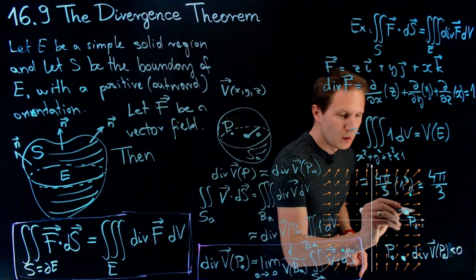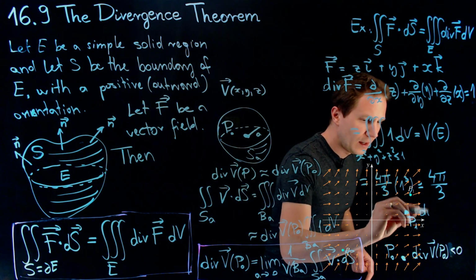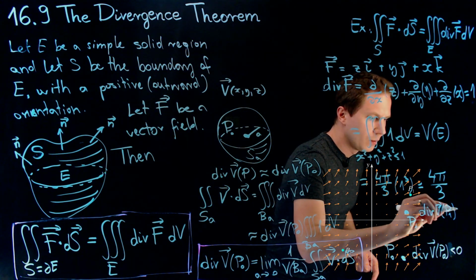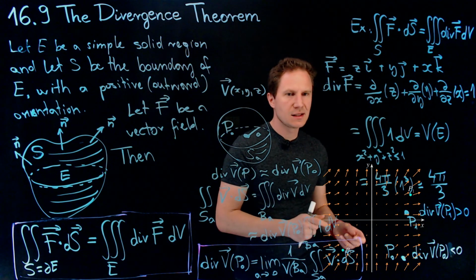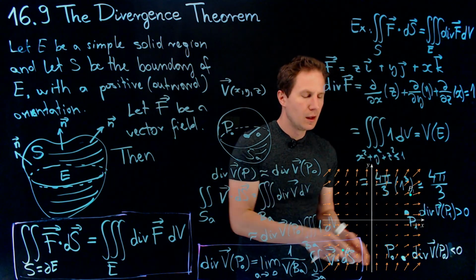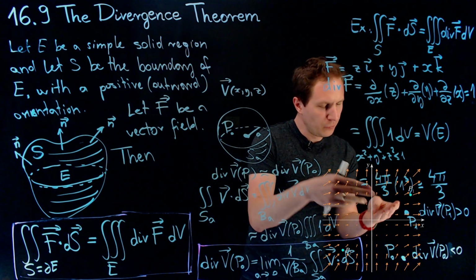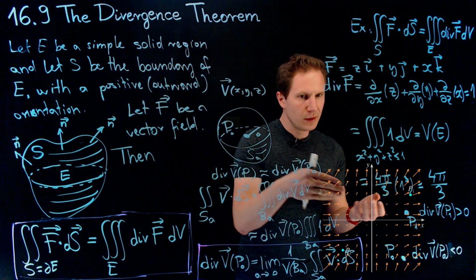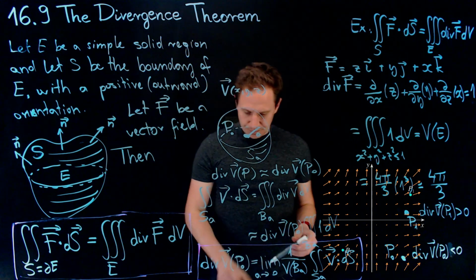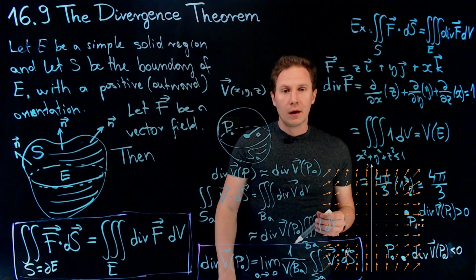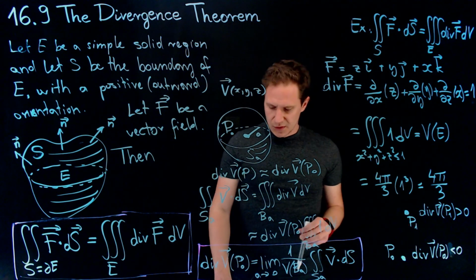So for this point we would have the divergence of the vector field be positive, so it acts like a source and more stuff is coming out of that point than the amount of fluid or volume of fluid that flows in. So that's the idea and that's the intuitive meaning of the divergence.